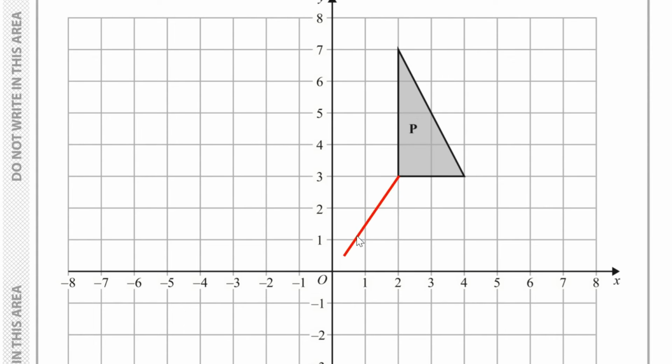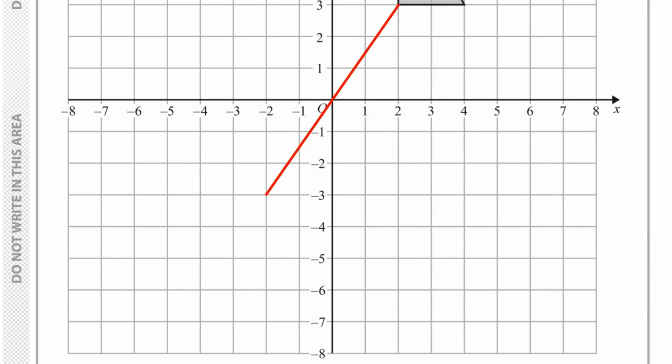So we've got 3 down and 2 across this way. So if we multiply that by 1/2, we would have 1 across and we'd have this over here. Okay.